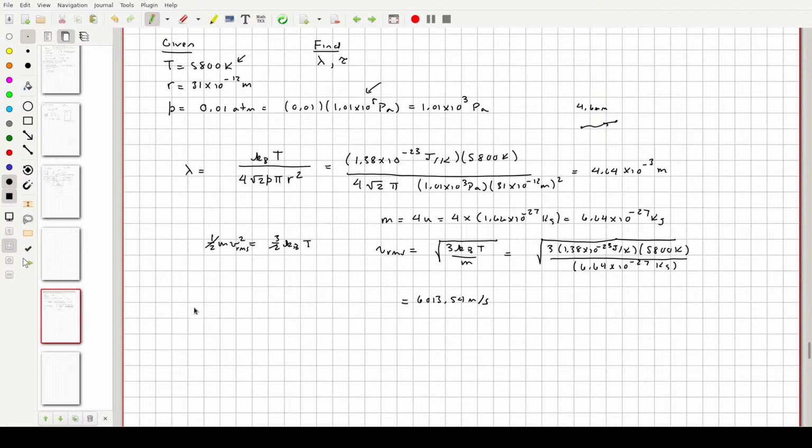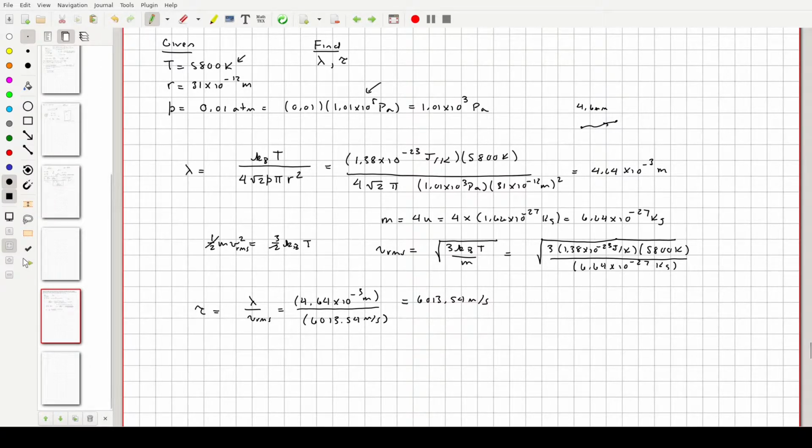So now, our mean free time here is going to be lambda divided by VRMS, which is going to be 4.64 times 10 to the minus third meters divided by 6,013.54.